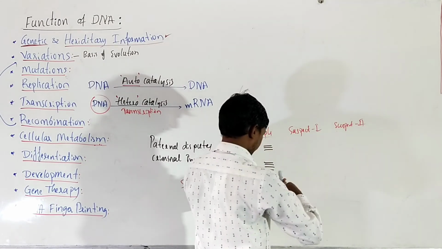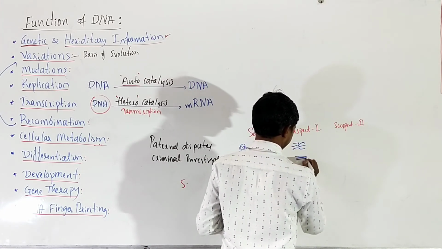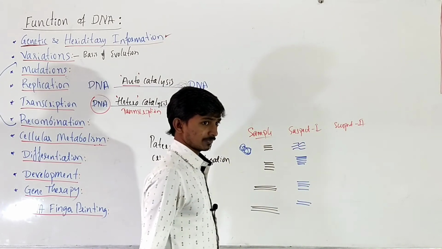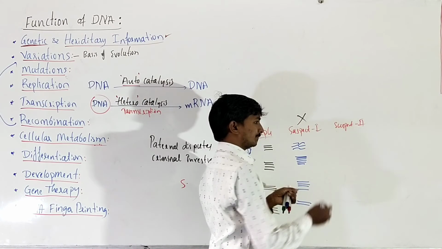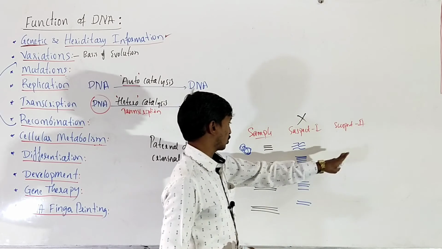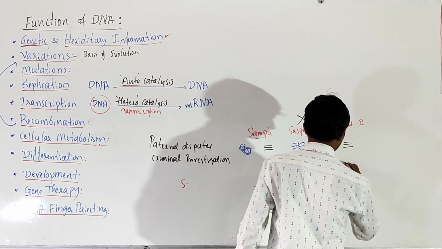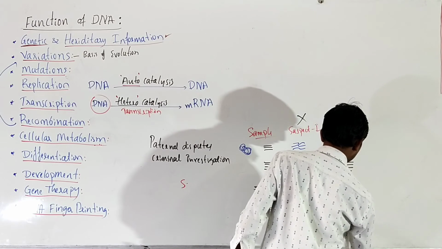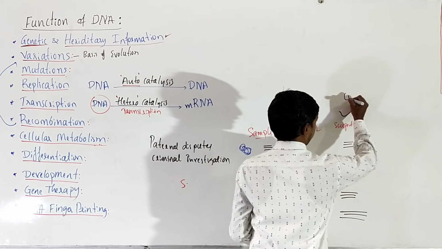So suspect 1 may have a pattern like this. The sample is not matching, means the DNA pattern is not matching with suspect 1, so he is not the criminal. But when the blood sample from this person is observed, the pattern was almost the same. If it is found almost the same, it's matching somewhat, so he is the culprit.